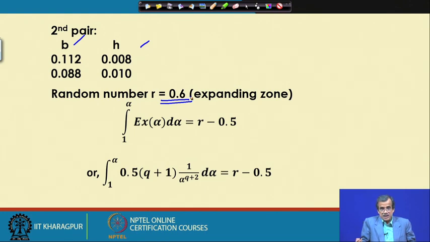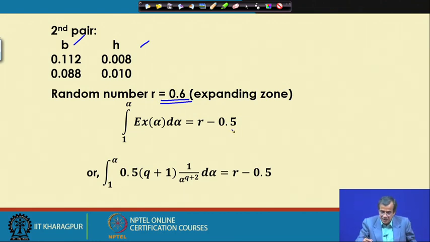If it is in the expanding zone, that means my alpha, that is spread factor, will be more than 1.0. To get that, we take the help of this integration, integration 1 to alpha of E x alpha d alpha, since I am in the expanding zone, and that is nothing but r minus 0.5.